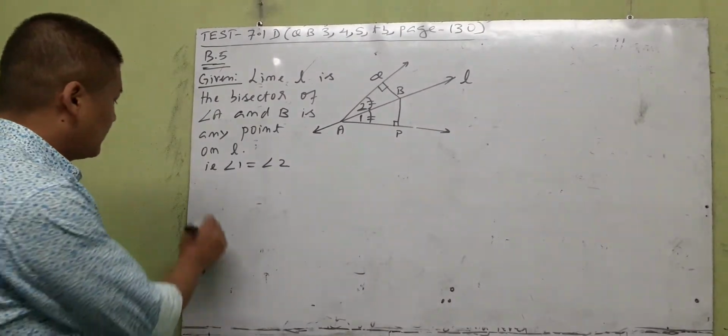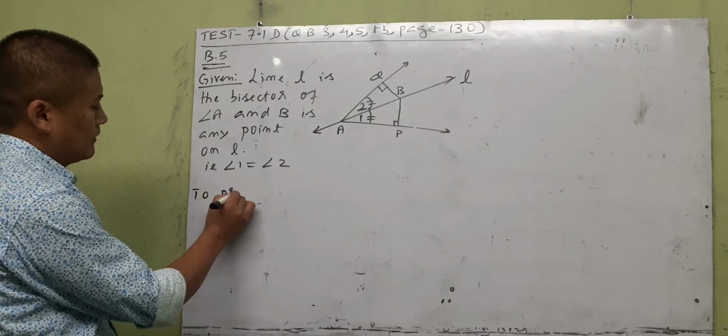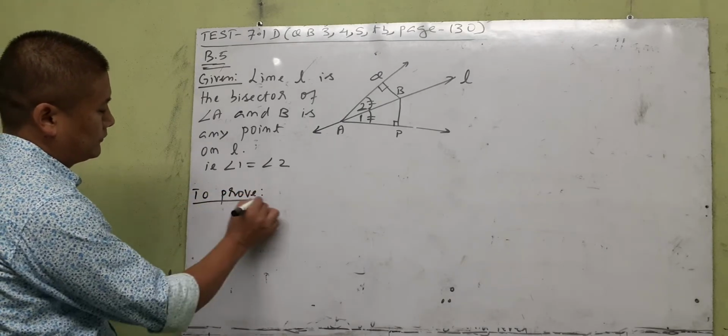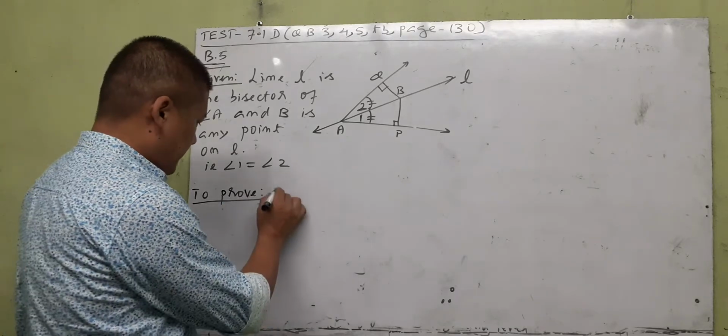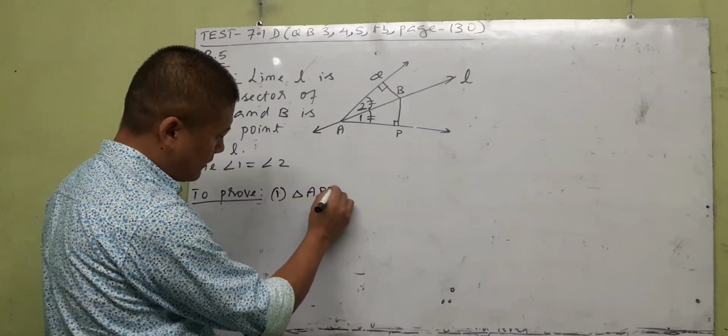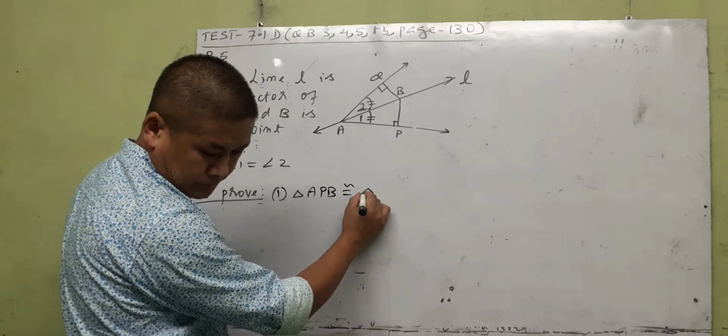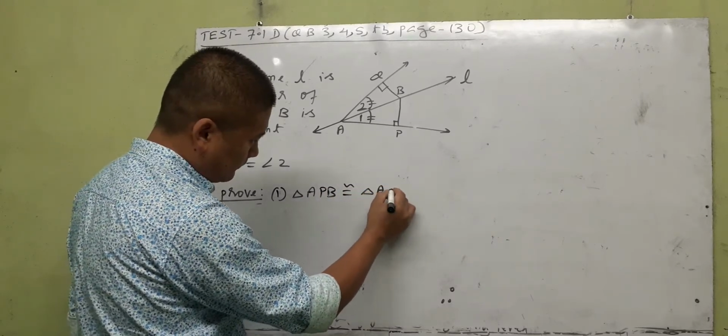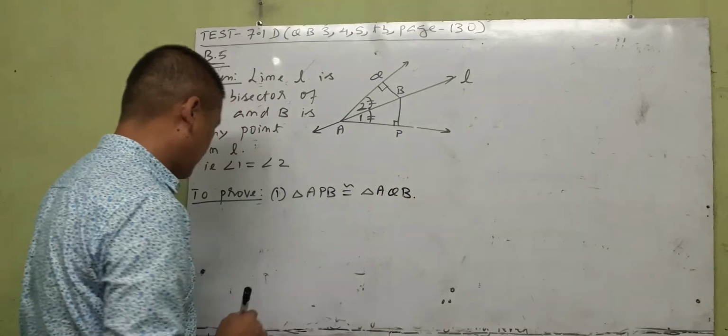So with that we have to prove two things. So I'll write down, to prove: 1, triangle APB congruent to triangle AQB.